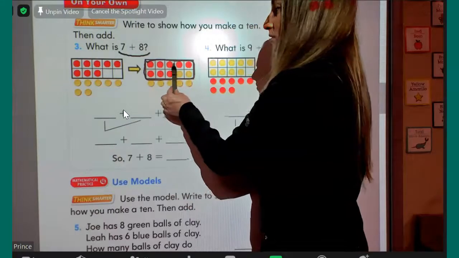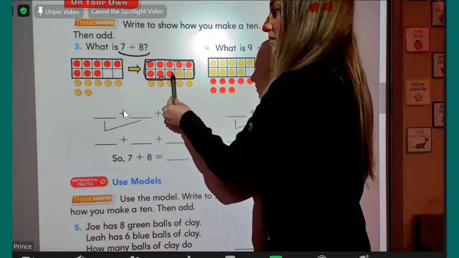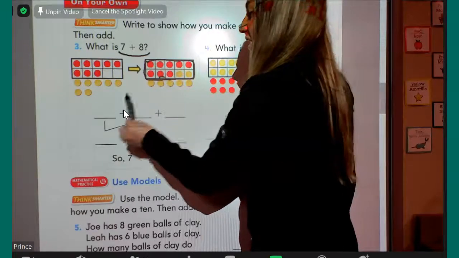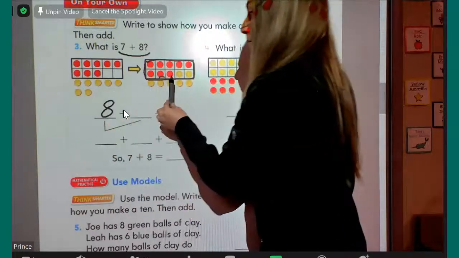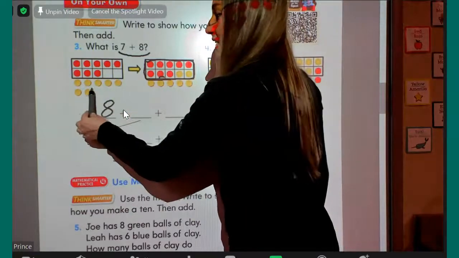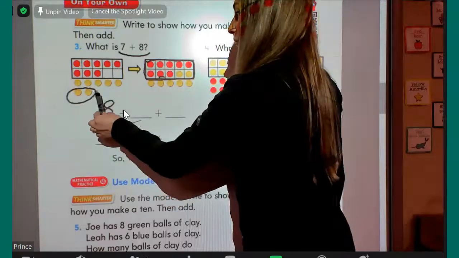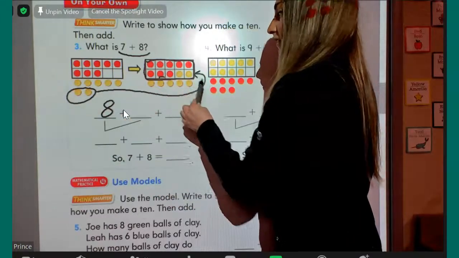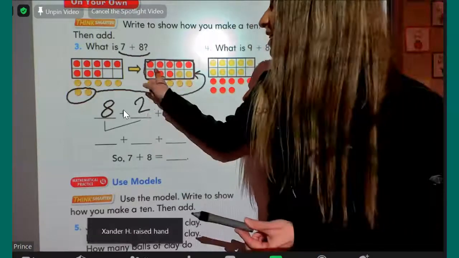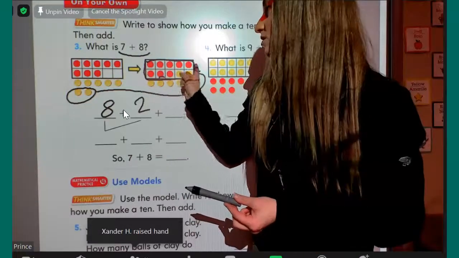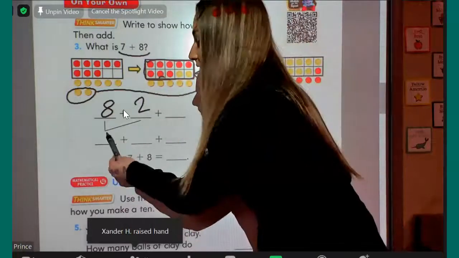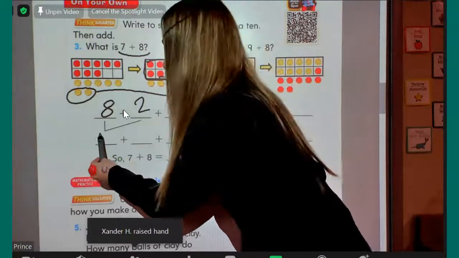So we have some red counters. 1, 2, 3, 4, 5, 6, 7, 8. Plus 2 of the yellow, because we just took 2 of these yellow, and we glued them right here. And we already know that if we took 8 plus 2, it made a 10 frame. So that's what the arrow right here is. It's just saying, okay, put a 10.